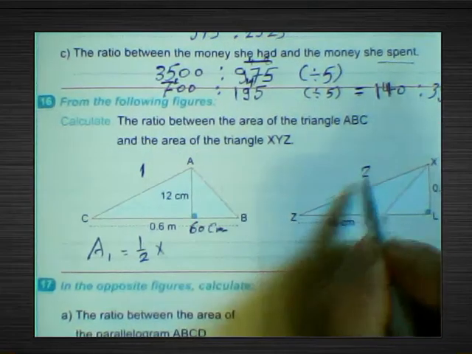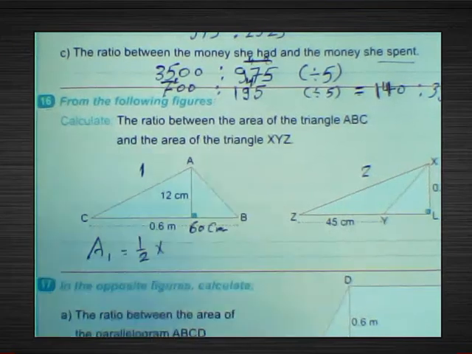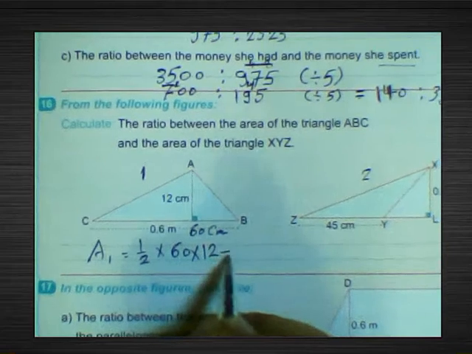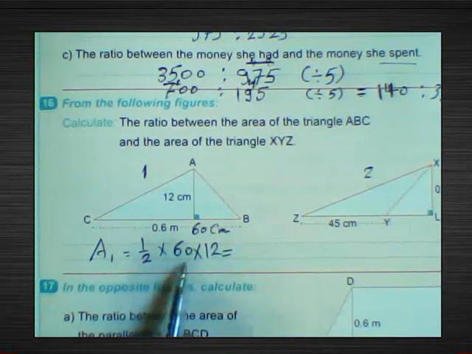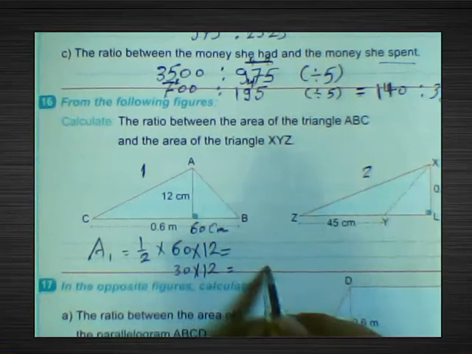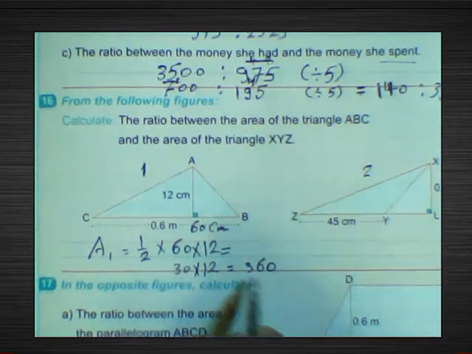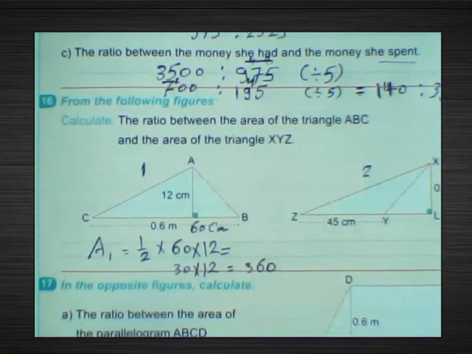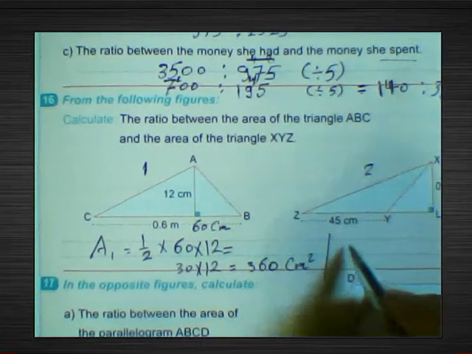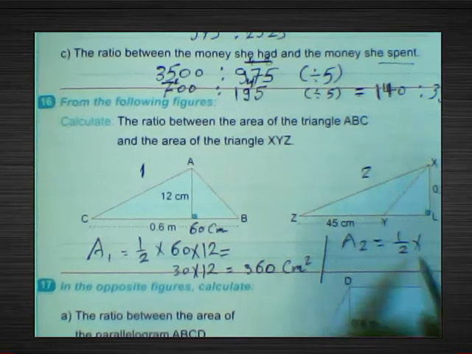And this is area 2. Area of a triangle is half times base times height. Half of 60 equals 30 times 12. 3 times 12 equals 36 and 0 here. So the result will be 360 centimeters squared. And area 2 equals half of the base.